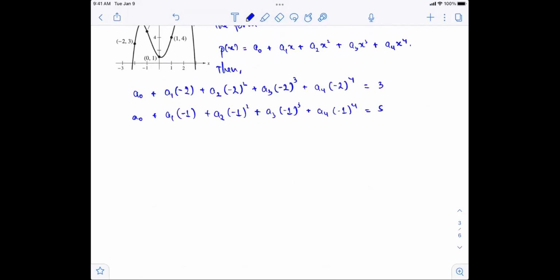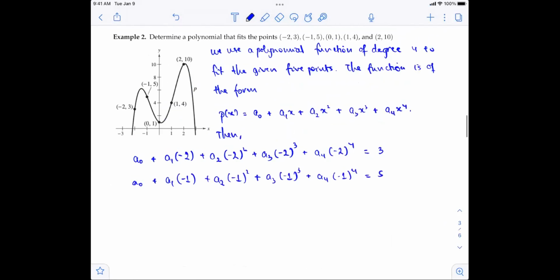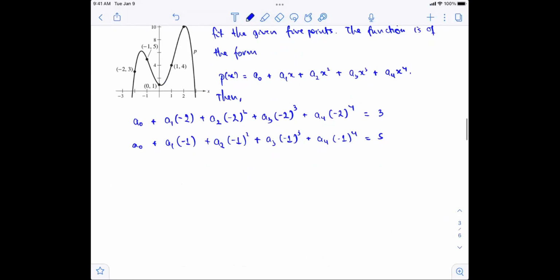Okay. The third equation is for 0, 1. This is going to give you a0 plus a1 times 0 plus a2 times 0 squared, and so on and so forth. And the output is equal to 1. All right.